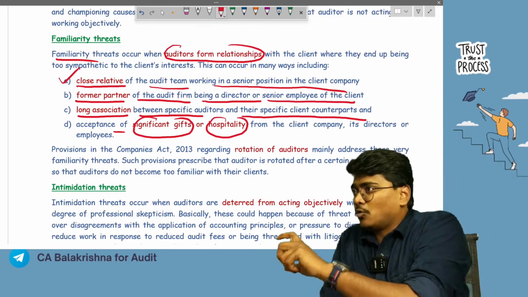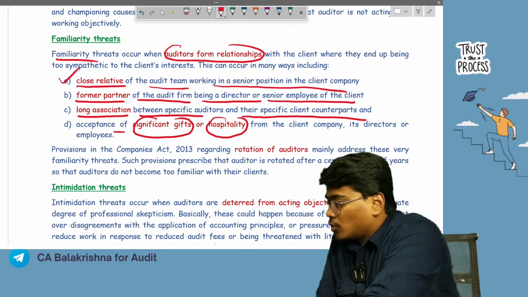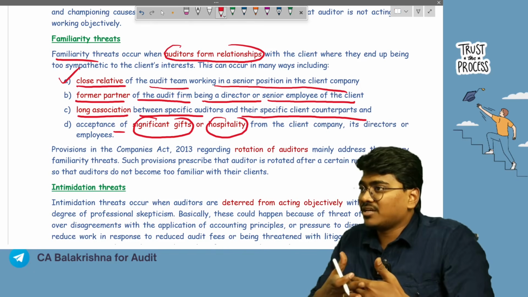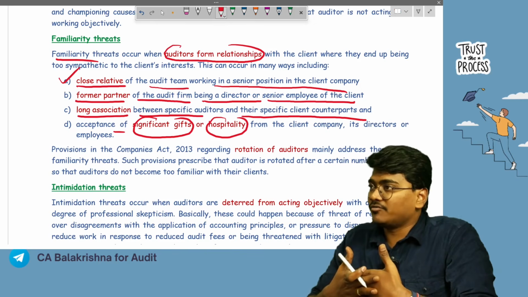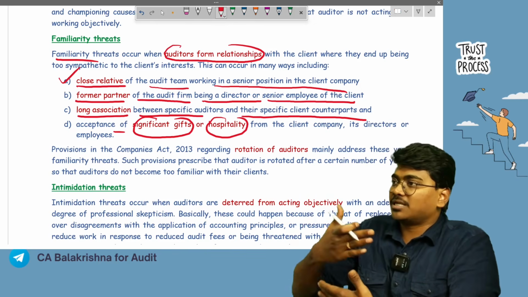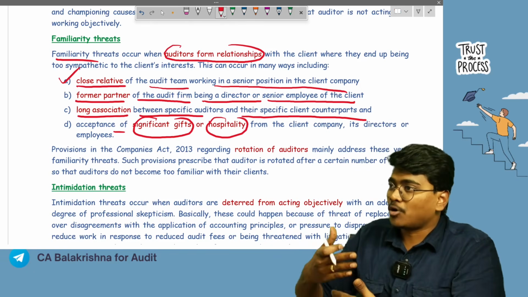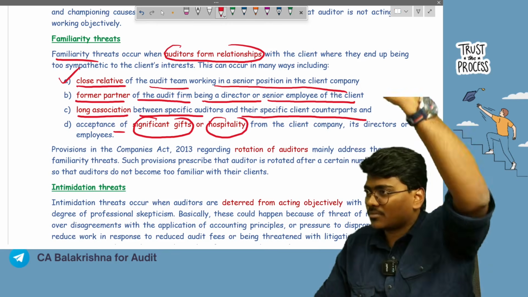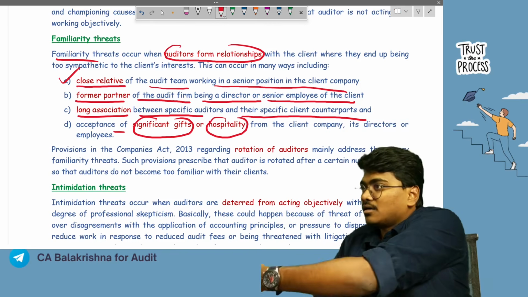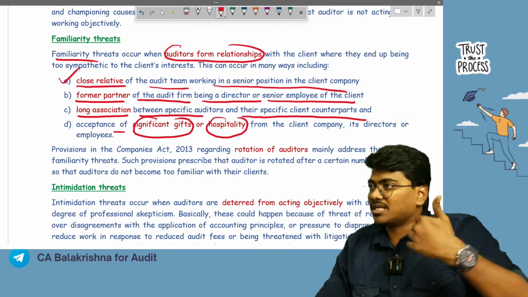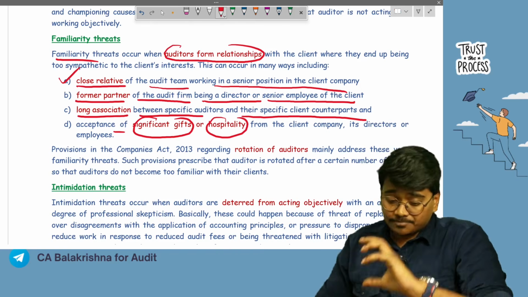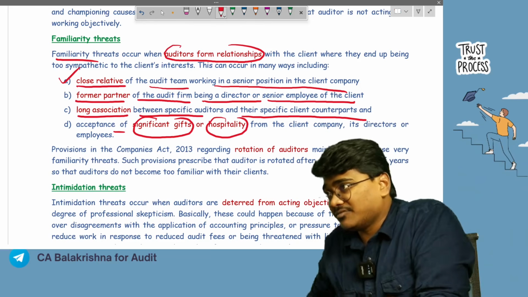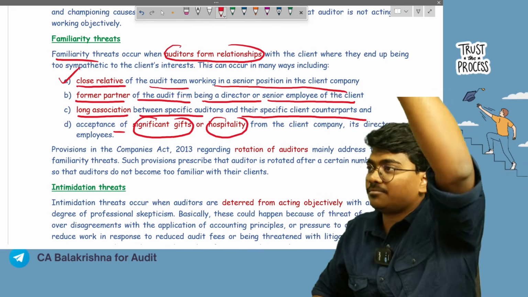See, no one will give you gifts or offer you some favor unless you have a kind of bond with those people, right? So if you are accepting gifts, or accepting hospitality, let's say for example, you are traveling with your family to some foreign country and the client is bearing the expenses of that trip, that is known as providing hospitality. So this also will create a familiarity threat. Basically these things will happen only if there is a familiarity threat. Got it?